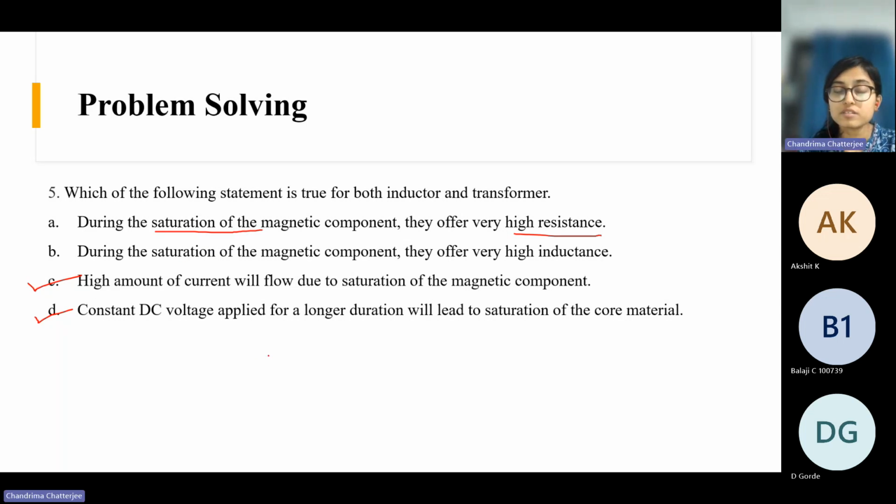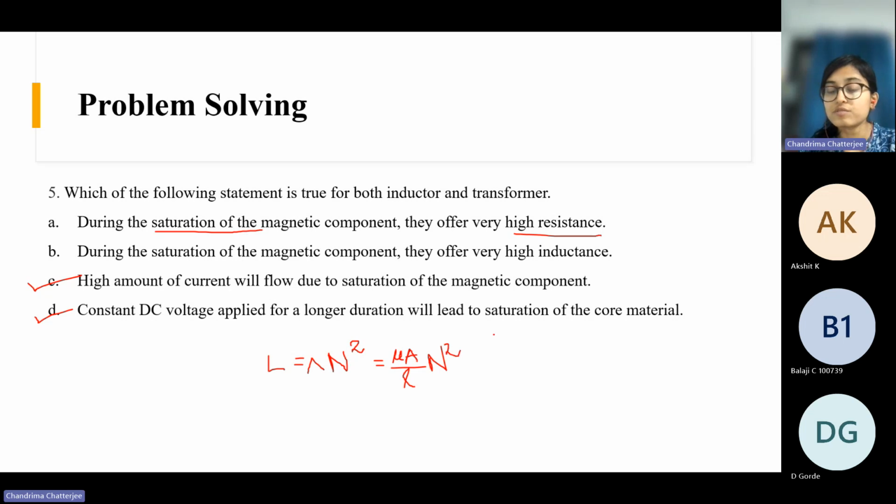Why? Because L is permeance times N squared. And permeance we already saw, or you can also express it in terms of reluctance, same only. So this is μA by l, the cross-sectional area and magnetic path length, times N squared.